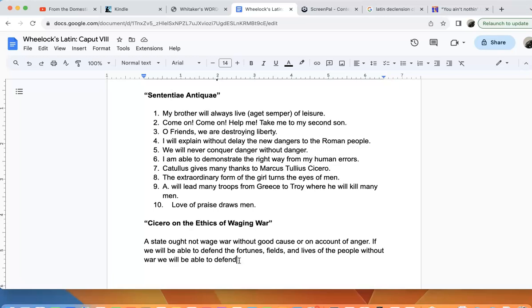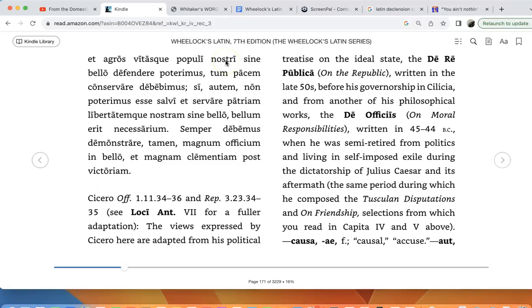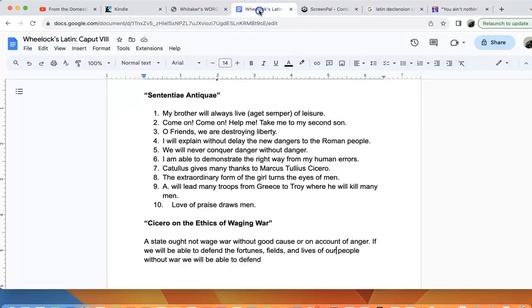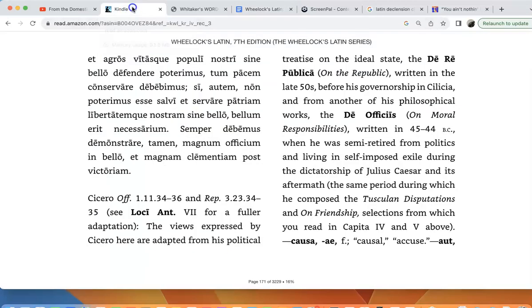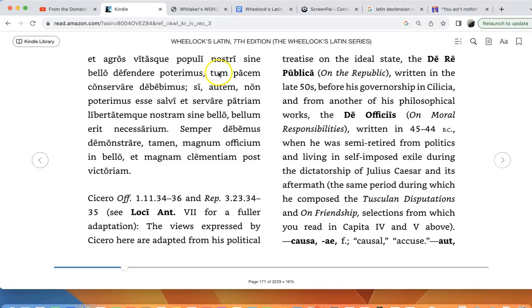If we will be able to defend the fortunes, fields, and lives of our people. Let's see, I think it's of our people, right? Yeah, nostri. Of our people without war. So let's go ahead and take that off since we moved the position of those words.